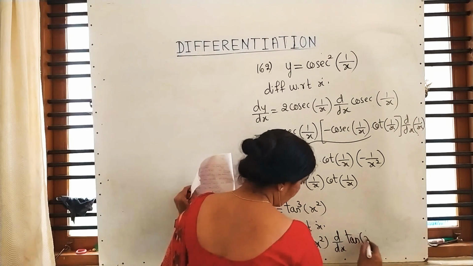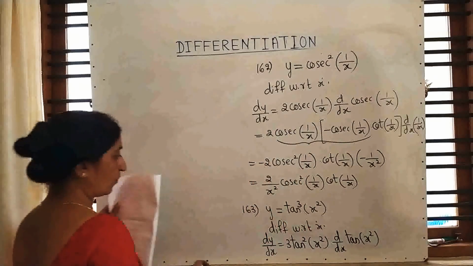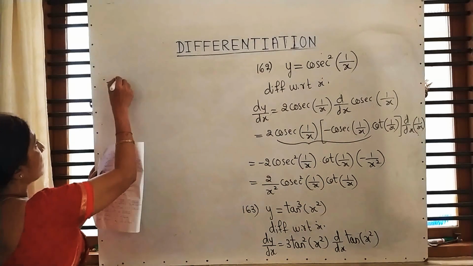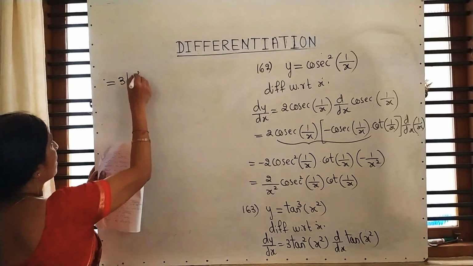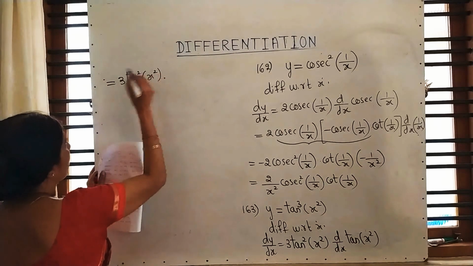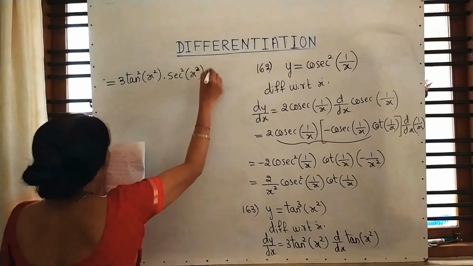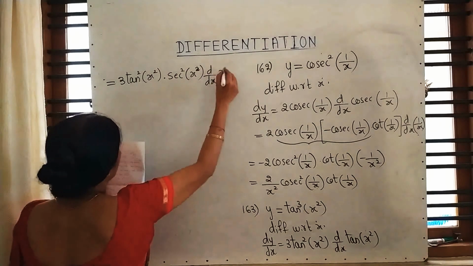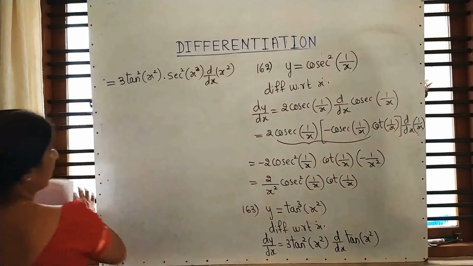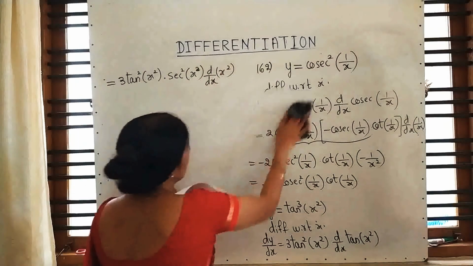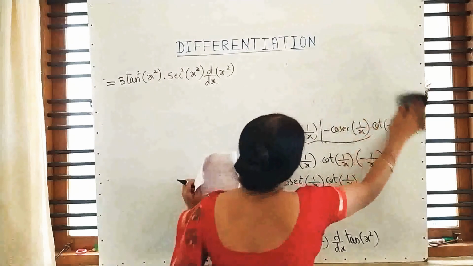Differentiation of tan x square. 3 tan square x square. Differentiation of tan x square is secant square x square into differentiation of x square. X square is the angle and it is other than x. That's why we are differentiating that angle.